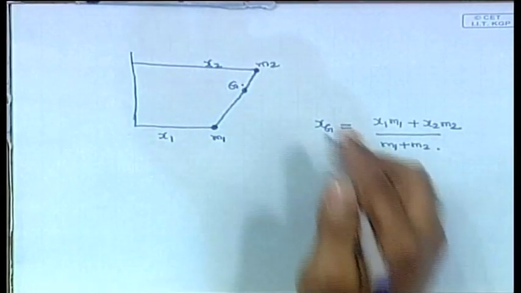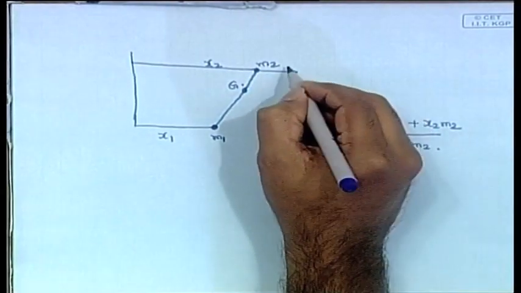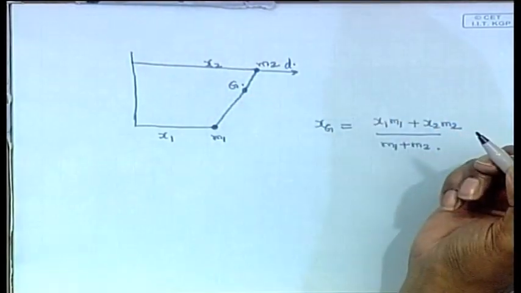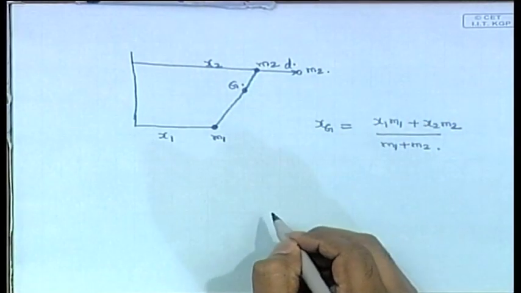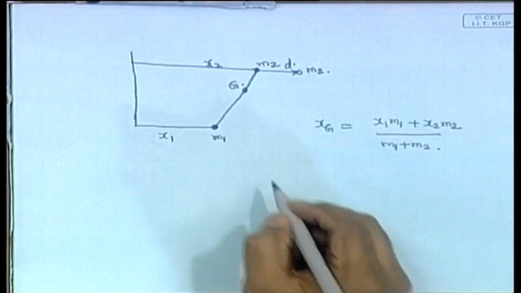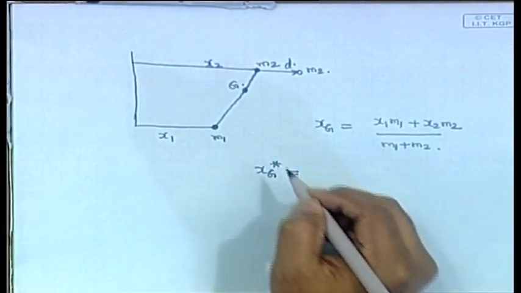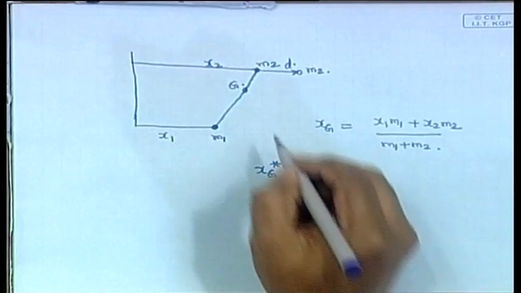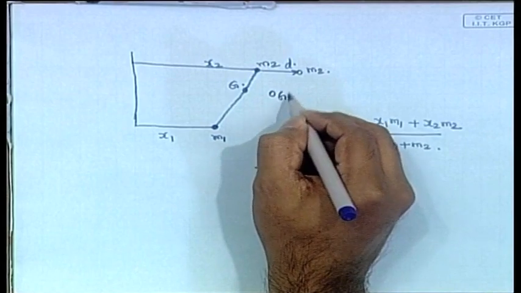Now, suppose that I move this mass m2 to a new point, slightly in the x direction by a distance d. m2 is now here. Now, the question is what will be your new xg star, let us say, as a result of this. G has now moved, let us say, to another point here, g star.